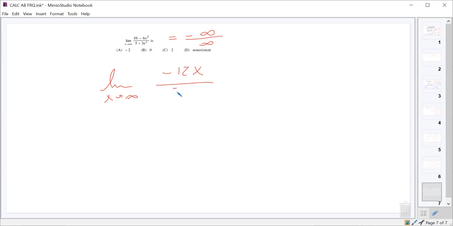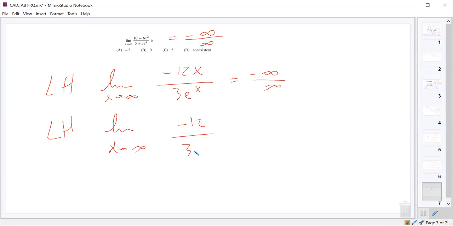The 5 goes away, and you'll end up with 3 e to the x, which is still negative infinity over infinity. So you can use L'Hopital's rule again. You get the limit as x approaches infinity of negative 12 over 3 e to the x, which is negative 12 over infinity, which is 0.